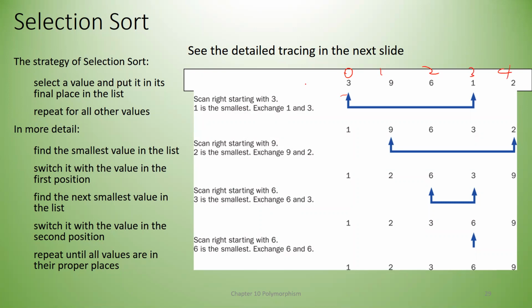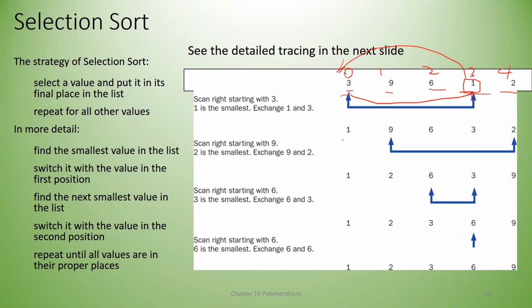4. We have 5 elements, and we scan through the list to find the smallest one, and this is the smallest one. So we place this element here and this element there.